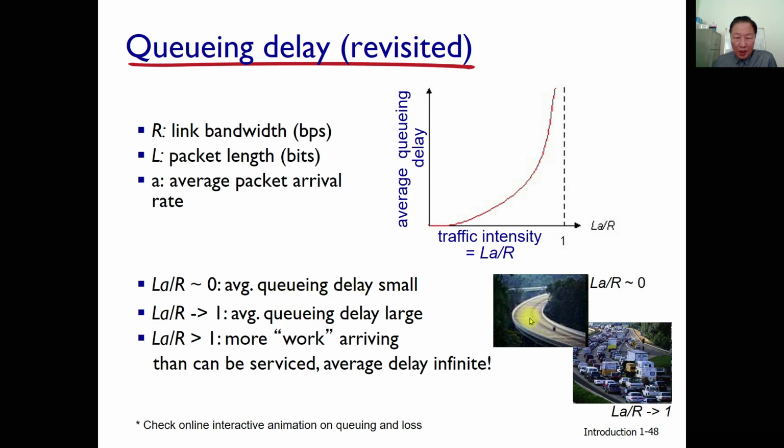Then the queuing delay will be very low, almost zero. But if LA over R is approaching 1, which is much higher than that, approaching that, like this, then the delay time will increase a lot.